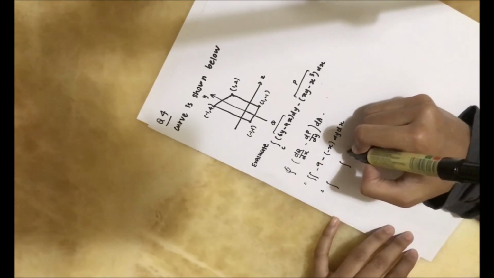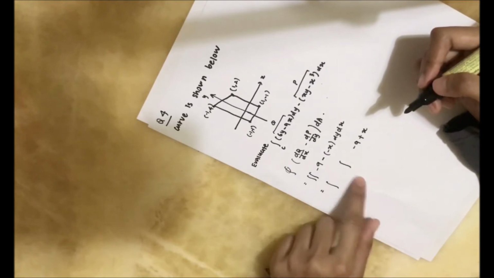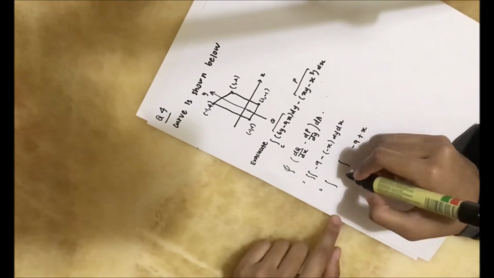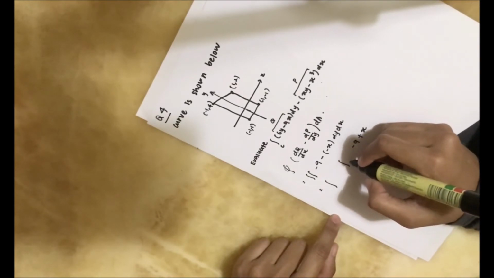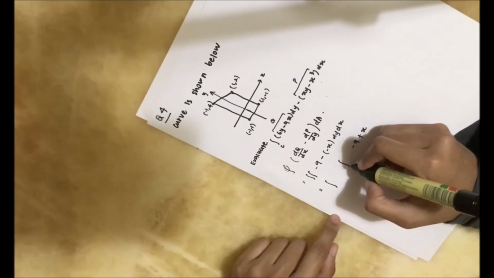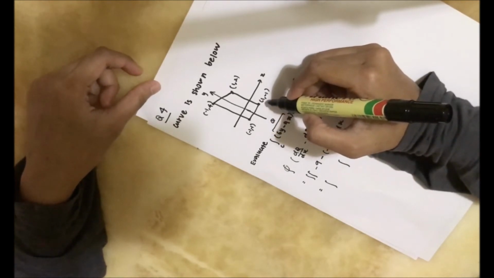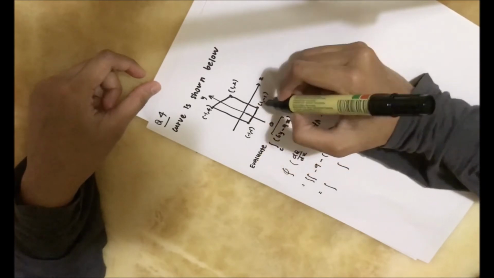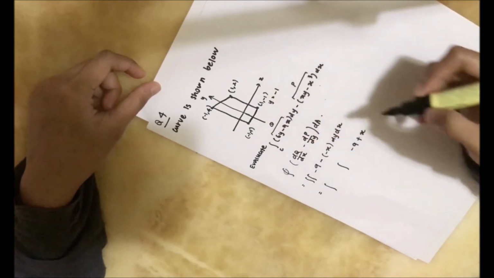Then to solve the double integral of this equation, first we need to find the x and y range. For the y range, the below part is simply y equal to -1.